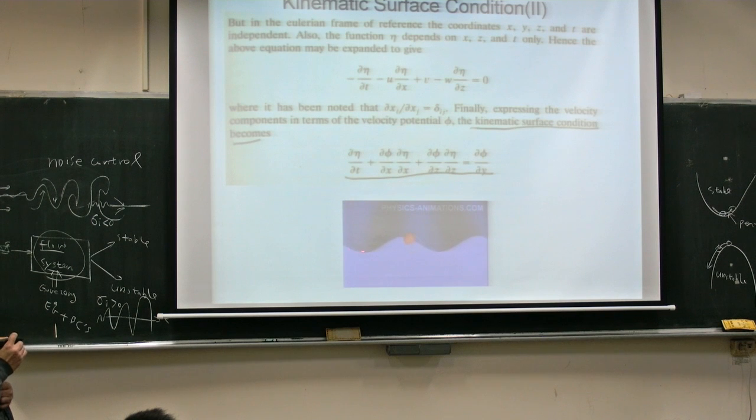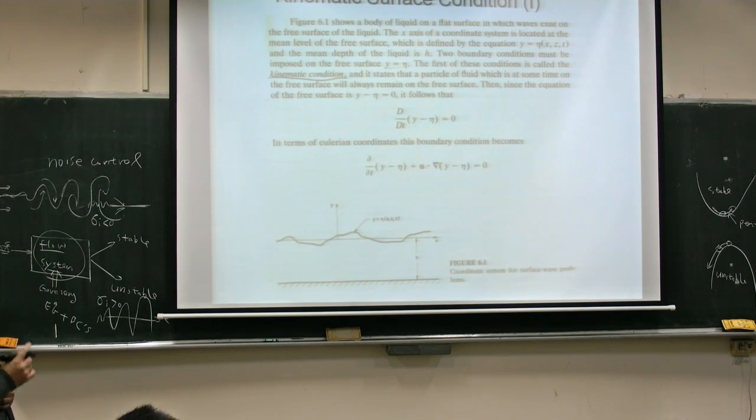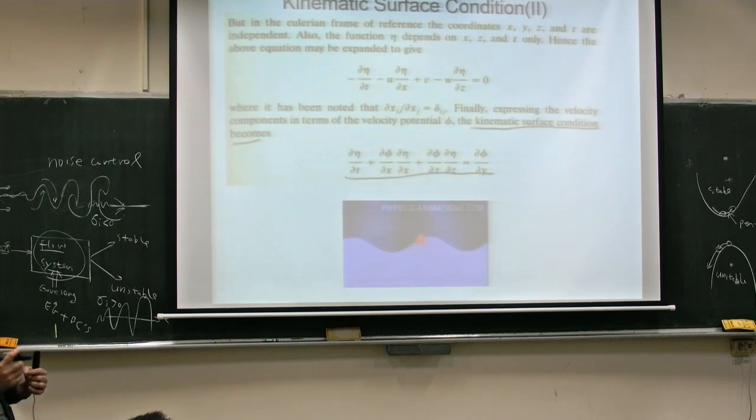So we have a sequence of many fluid particles on the interface, and all these fluid particles stay on the interface. That is the so-called kinematic boundary condition. You have to be familiar with this when you deal with free surface problems. Later, if you are interested, there are more and more.